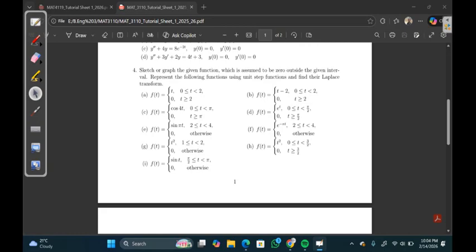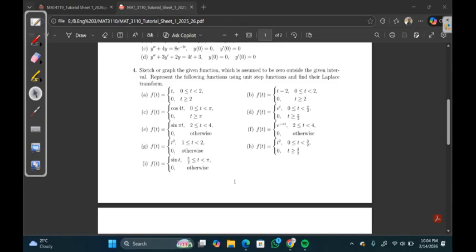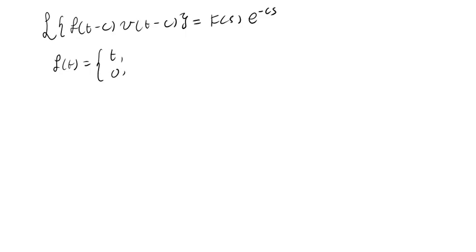So we have f of t equals, we have this piecewise arrangement. We have t here, we have 0. Then the interval we are given is 0 to 2, then for t greater than or equal to 2. If you want to sketch it, it's going to be something like this.